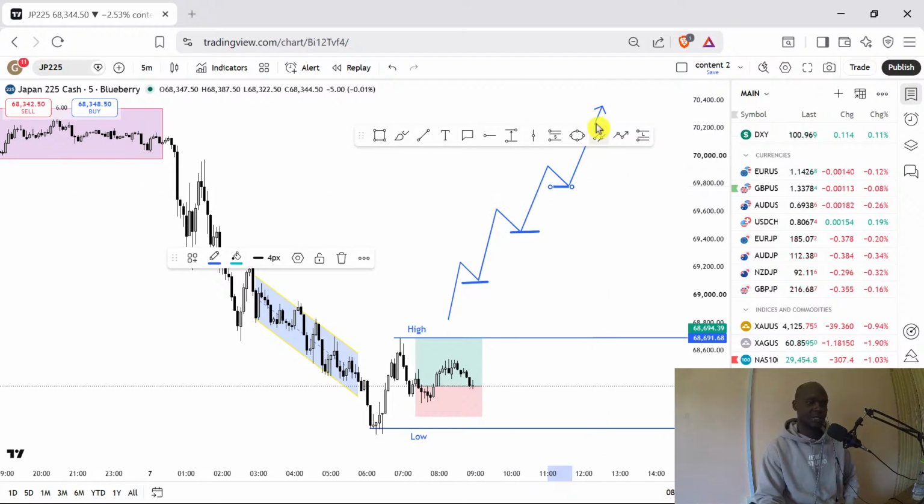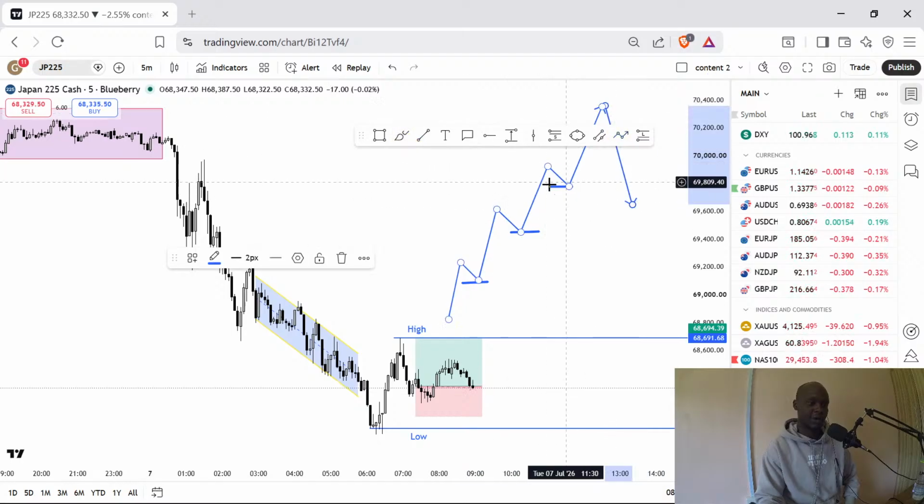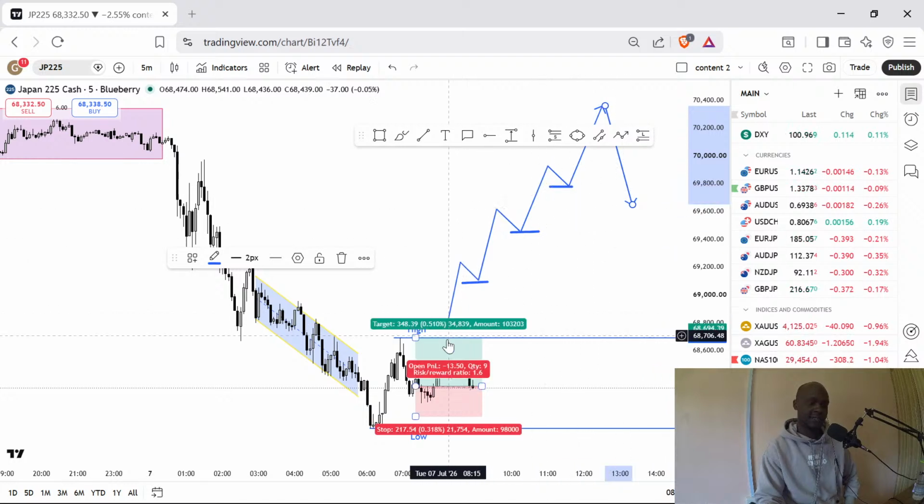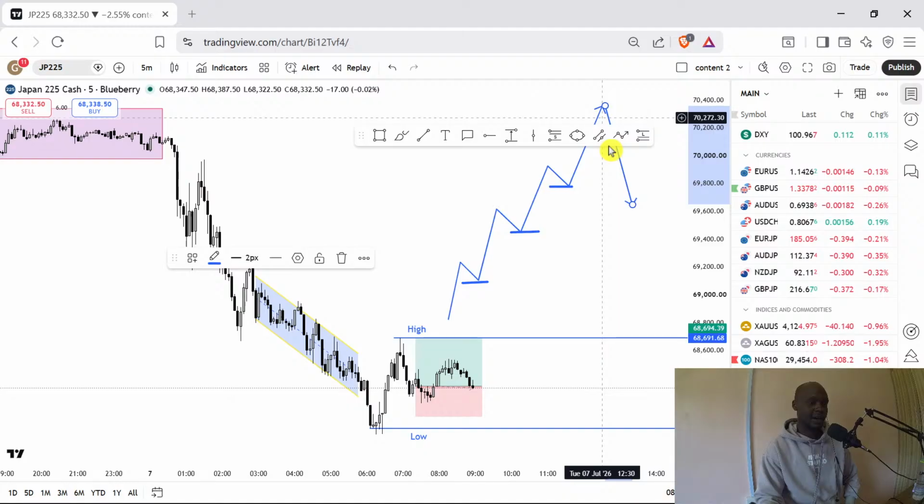So in case we do get the reversal now, you will see that I'll be tagged out at this level over here, having locked in profits as price continued to push higher. In case we get a reversal, I'll be tagged out before price pulls all the way back to where I got an entry.